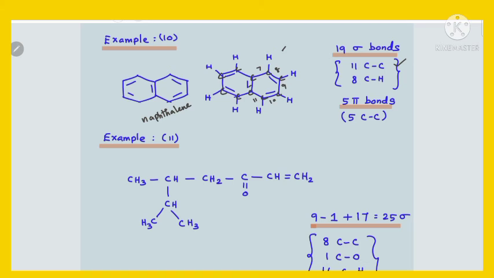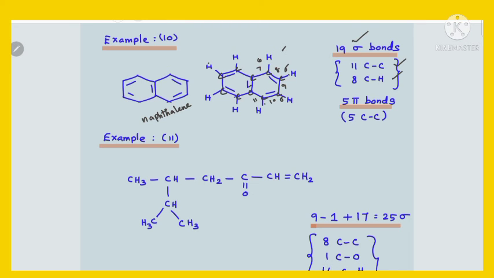Then along with that, look at this: even these are sigma bonds, the bonds between carbon and hydrogen. Now 1, 2, 3, 4, 5, 6, 7, 8. There are 8 sigma bonds between carbon and hydrogen. Totally 11 plus 8, 19 sigma bonds are present in the naphthalene molecule. Now we go for the pi bonds.